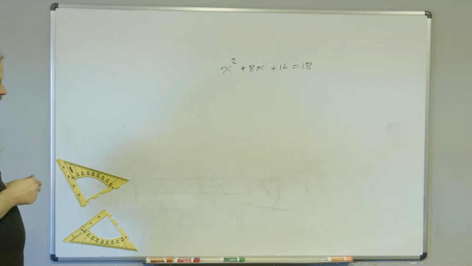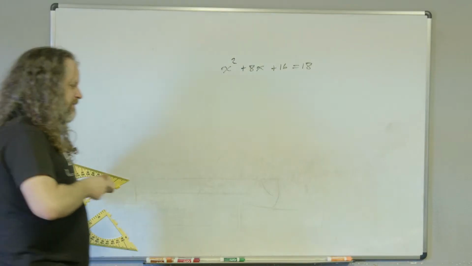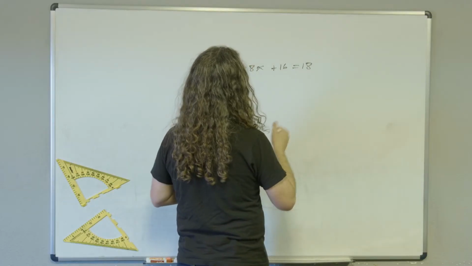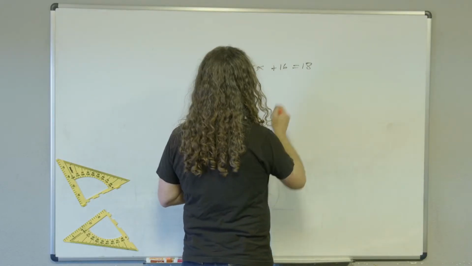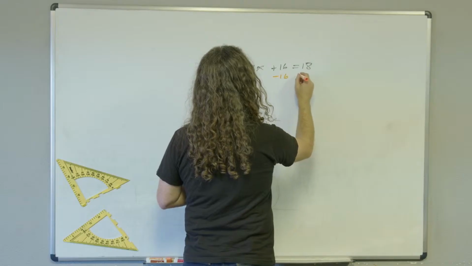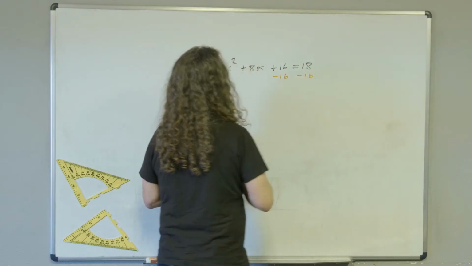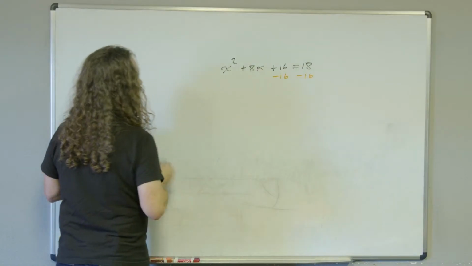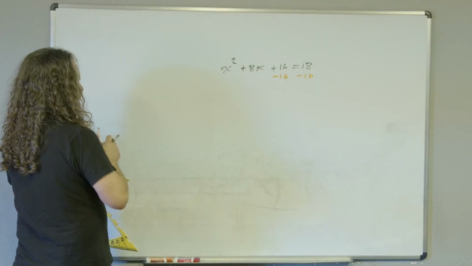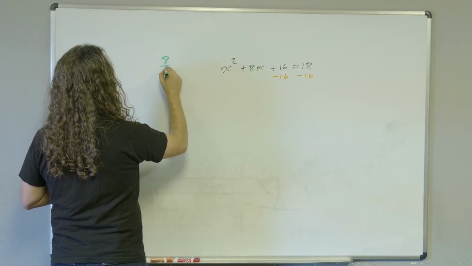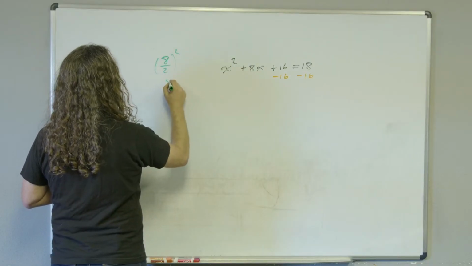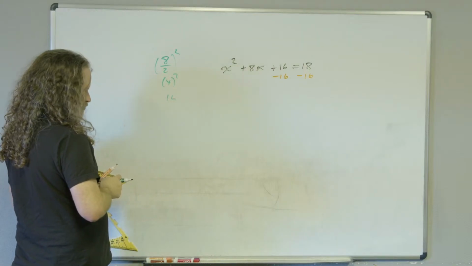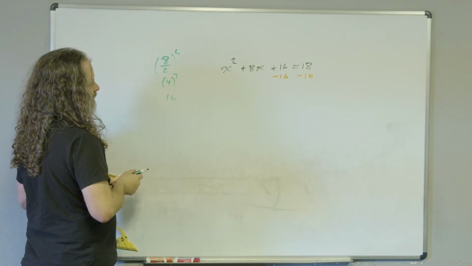All right, what should we do? Subtract 16 from both sides. Okay, well that's kind of fun.